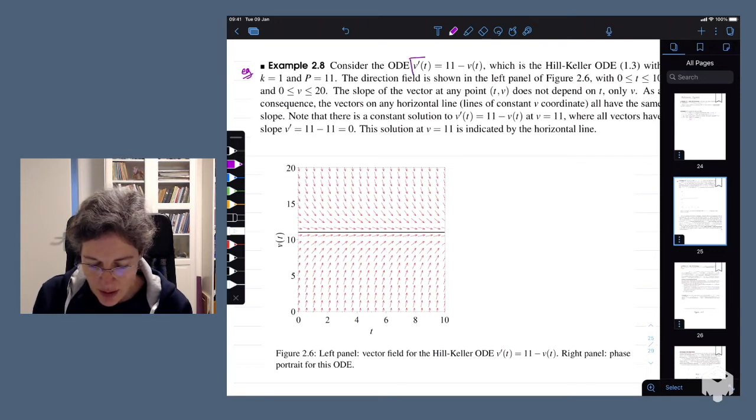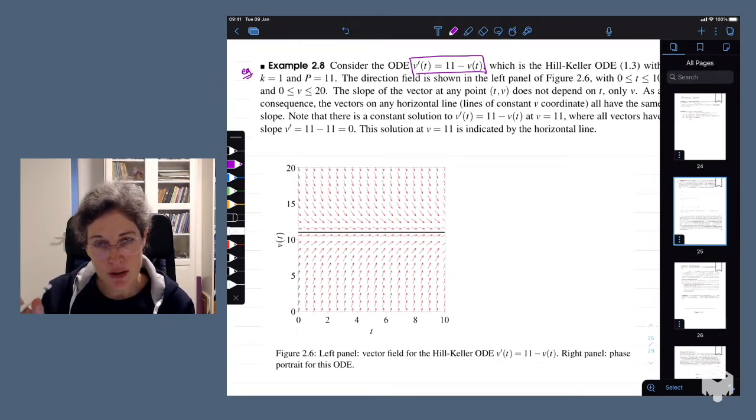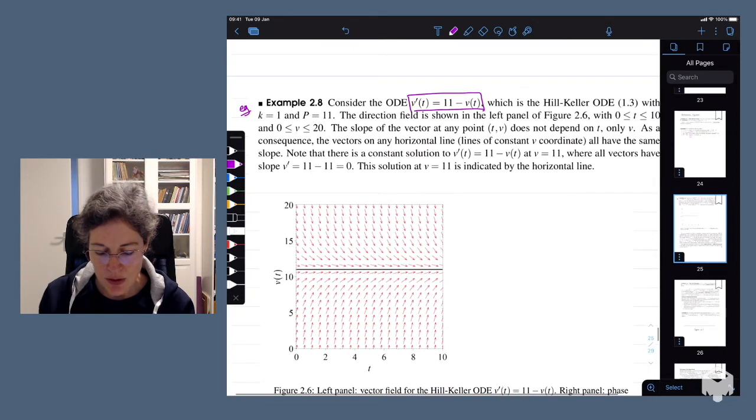So this is the ODE that we're having a look at. Notice no explicit mention of t. I mean, v is a function of t, but t itself doesn't appear. So what is happening with an autonomous differential equation is that the derivative doesn't depend on the specific time. It only depends on the function that it is the derivative of.